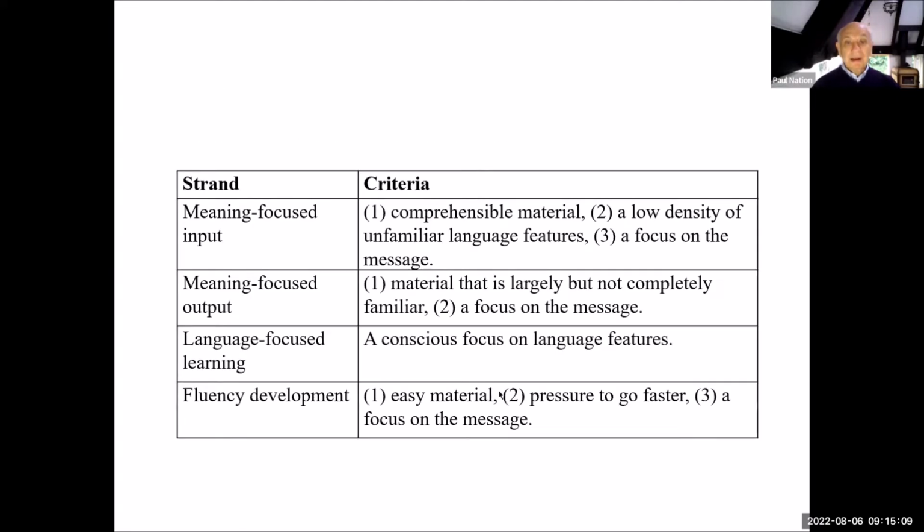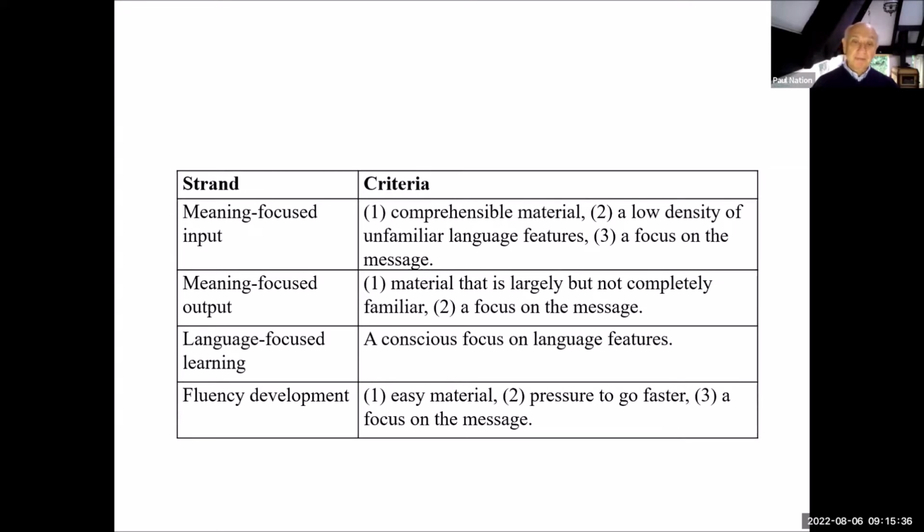Now, each strand has certain criteria or conditions for it to exist. The meaning-focused input strand, that is, learning through reading and learning through listening, should involve comprehensible material. That is, there should be only a very small amount of unfamiliar material in what the learners are listening to or reading.